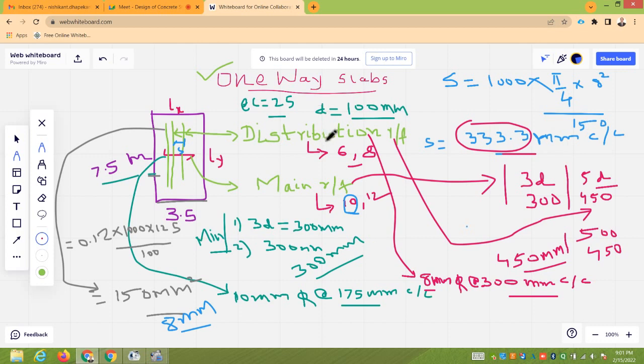In today's lecture I have just assumed AST for the main steel so that you can understand, after the calculation of the steel, how to provide the reinforcement. And for distribution steel the criteria has been discussed. So in this way you have to provide the main reinforcement and distribution reinforcement.